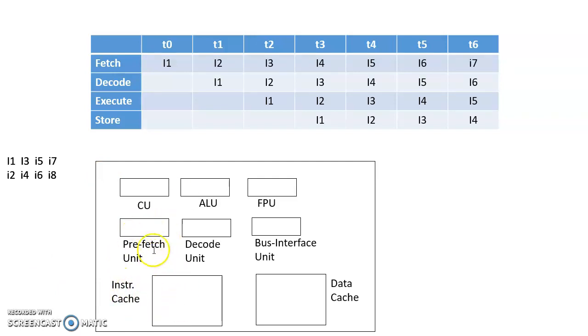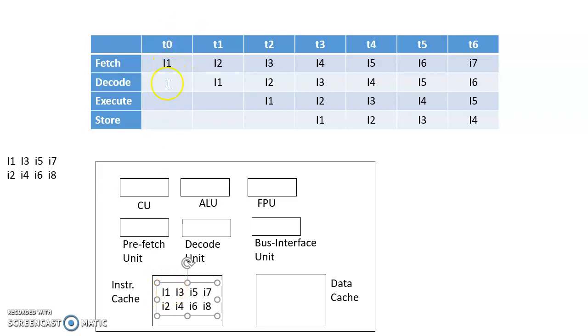So by adding to the CPU a prefetch unit, a decode unit, a bus interface unit, then when a fetch takes place, it's a whole bunch of instructions, a block of instructions. And later when we get to chapter 4 in cache, we'll see how blocks of data are brought in from memory into the cache. But on the fetch, the prefetch unit would fetch the entire block of instructions.